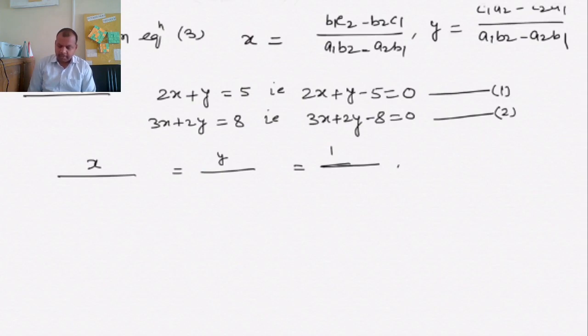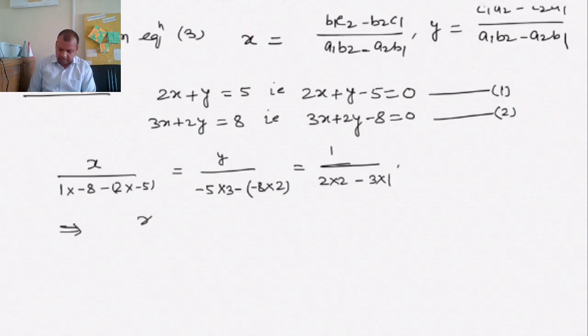So we can write x upon b1, which is 1, into c2 which is minus 8, minus b2 which is 2 into c1 which is minus 5, upon, in the same way, c1 a2: c1 is minus 5 into a2 which is 3, minus c2 which is minus 8 and a1 which is 2, equals 1 upon a1 b2, a1 is 2, b2 is 2, minus a2 b1, a2 is 3 and b1 is 1.